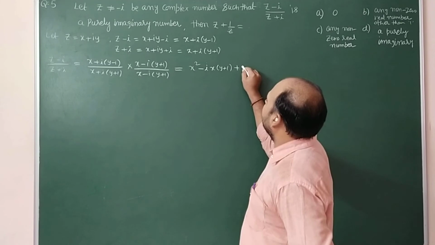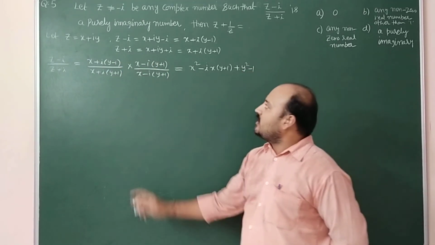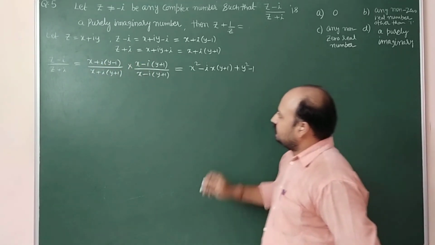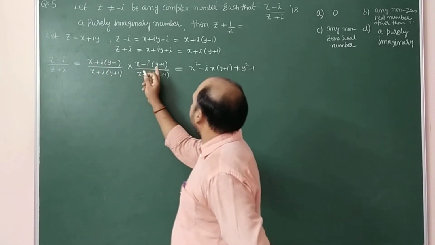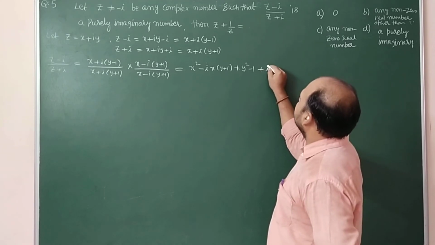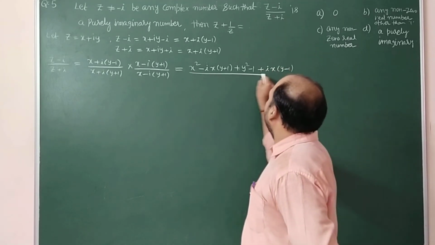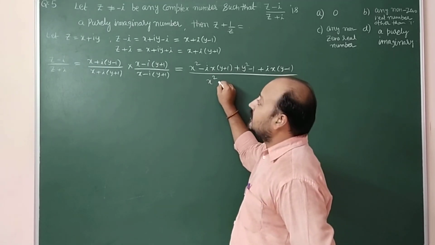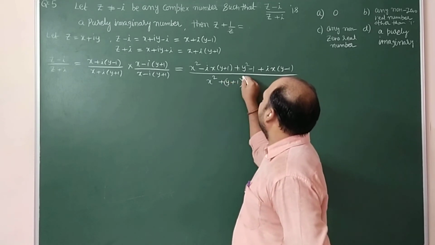So (y minus 1) into (y plus 1) is y square minus 1. The remaining is plus i into x into (y minus 1), whole divided by a plus b into a minus b, x square minus i square means plus, so x square plus (y plus 1) whole square.